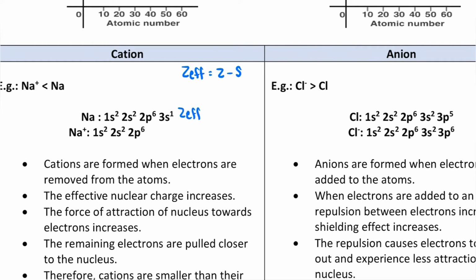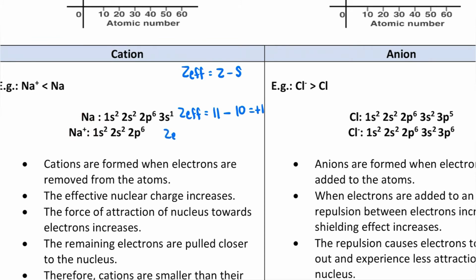For sodium atom, there are 11 protons minus the inner electrons. There are 3 shells here, so shell 1 and shell 2 are the inner shells. In the inner shells there are 2, 4, so 10 electrons. So 11 minus 10 equals plus 1. So effective nuclear charge for sodium is plus 1.